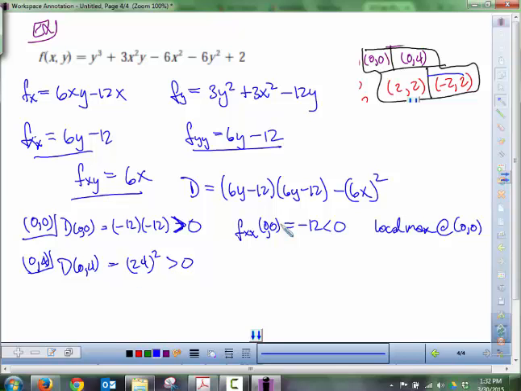So again, we need to check our fxx. And fxx is this, so we put 4 in for the y, we get 24 minus 12, positive. So now the signs remain the same, so we have a positive second derivative. Positive second derivative, it's concave up, so we have a local min.